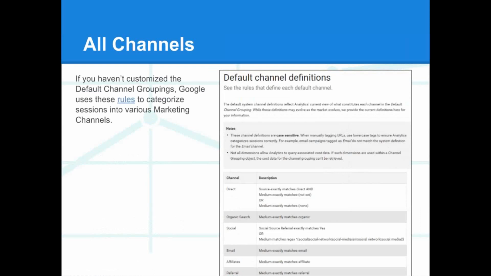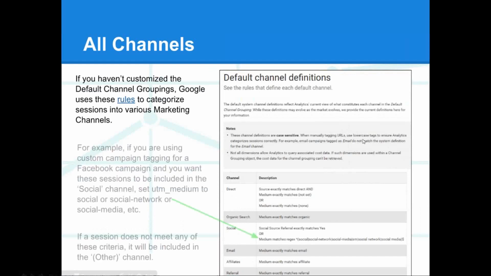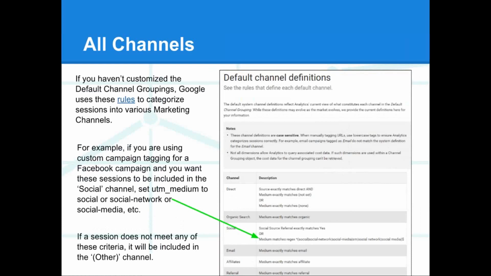So here I have a link. If you are using the default or system defined definition, here's a list of rules that Google is using to categorize your traffic. In the example we were talking about before, let's say you're tagging a Facebook campaign and you want to make sure that your sessions from that campaign flow into your social channel.